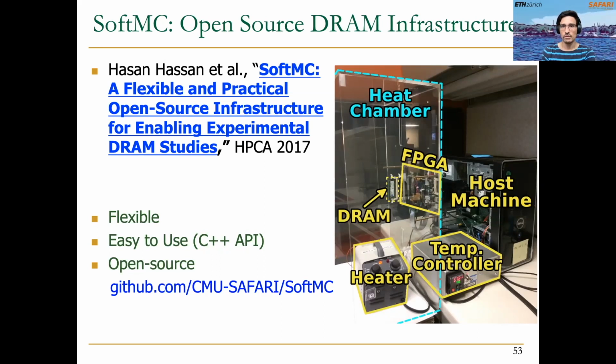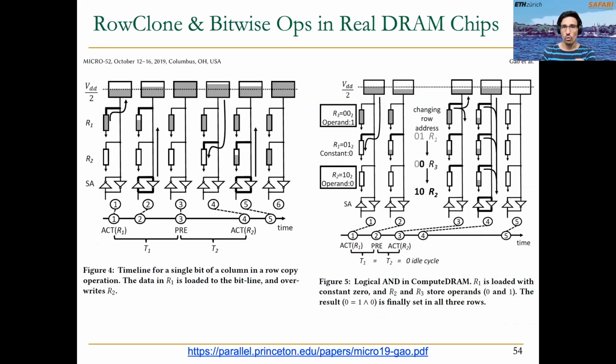By using this FPGA-based memory controller, they are able to change the timing parameters, the way that the DRAM chips are accessed, and by doing so, they were able to execute RowClone operations that are for copying entire rows inside the same memory subarray, one source row to one destination row, and also they were able to perform logic operations in an Ambit style, as we introduced in our first lecture, and we are going to see, as I said, more in detail in a couple of later lectures.